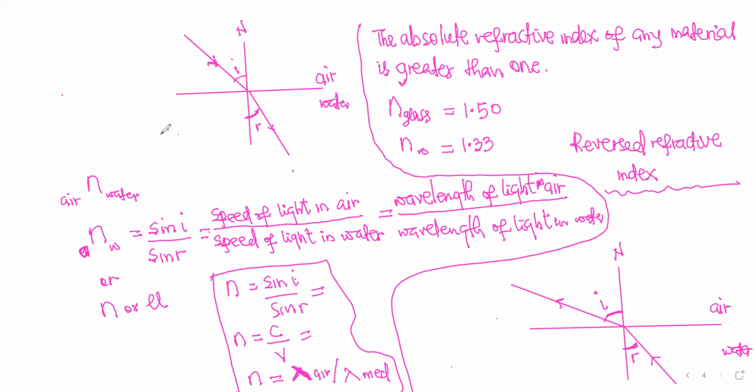And class, here I'm using I and R. Ideally, angle of incidence must be I and angle of refraction must be R. But I'm using the principle of reversibility: if an angle of incidence I is giving me an angle of refraction R, then when I reverse the path of the light and give it R angle of incidence, it must also give me I angle of refraction because of the reversibility rule.